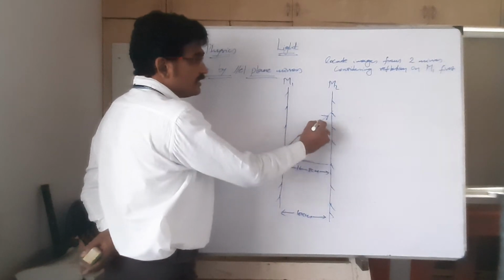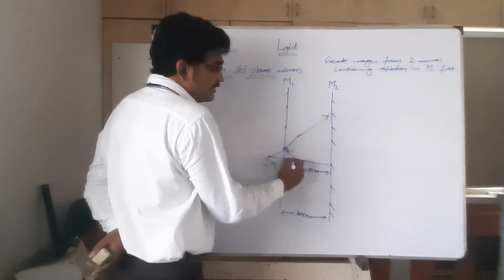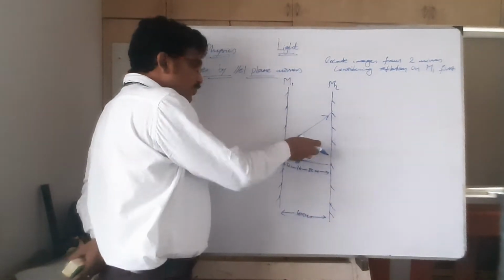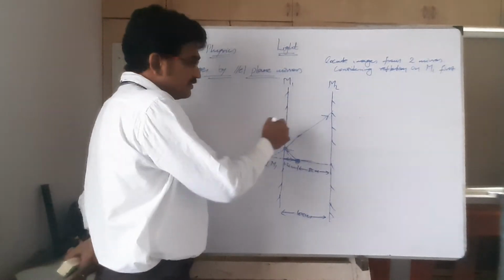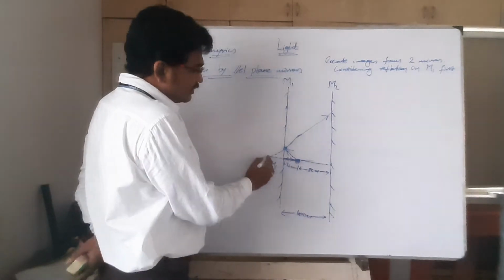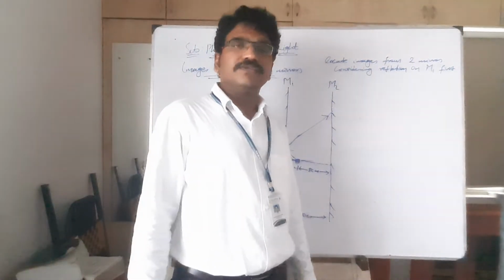Now this reflected ray and this reflected ray cannot meet, so the real condition is not there. So I am going to take the virtual condition, that is, I am extending them back and they meet here. So what is this image? Nothing but a virtual image. Definitely it forms on a plane mirror, no doubt in that.